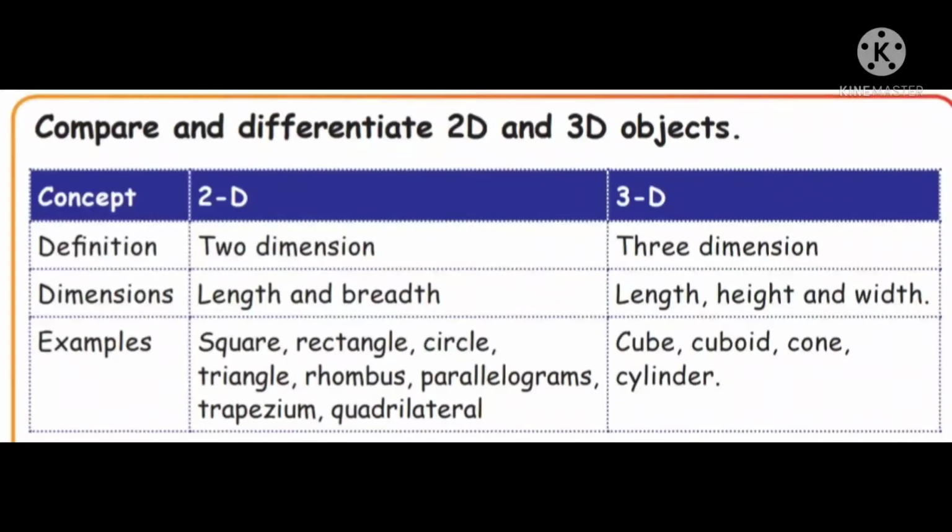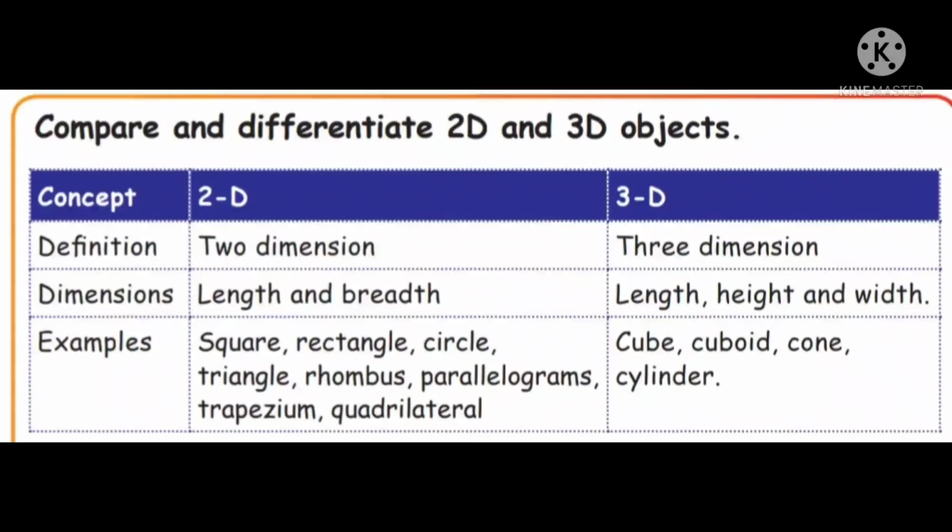Now we have to clearly know what 2D shapes and 3D shapes are. Here we are going to compare and differentiate 2D and 3D objects. See the table: concept, 2D and 3D. Definition: 2D means two dimensions, 3D means three dimensions. What is a dimension? Dimension is nothing but measurement.